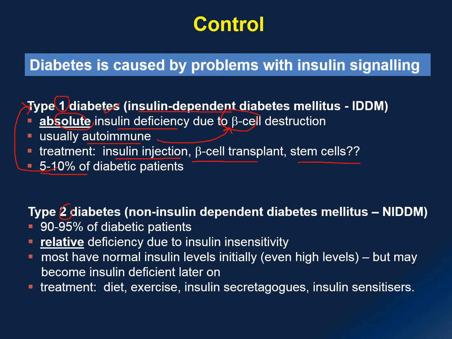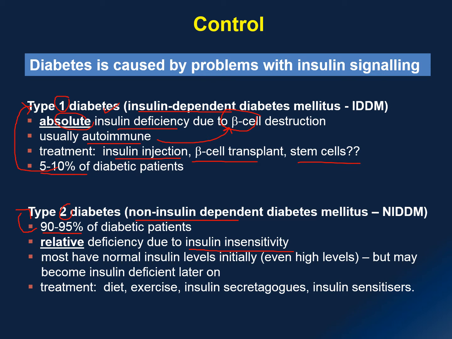It is known as the non-insulin dependent diabetes because for these patients, they have their insulin production, but their tissues and organs fail to respond to the insulin. In other words, they develop insulin insensitivity or they develop insulin resistance. So most of the patients, which is about 90 to 95%, are coming from this category.